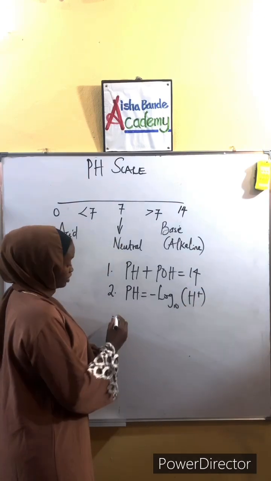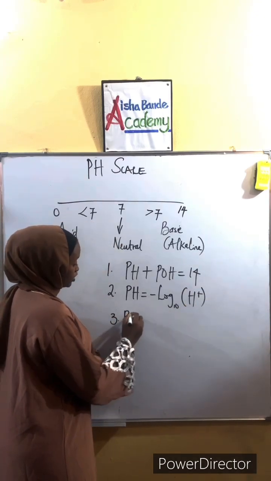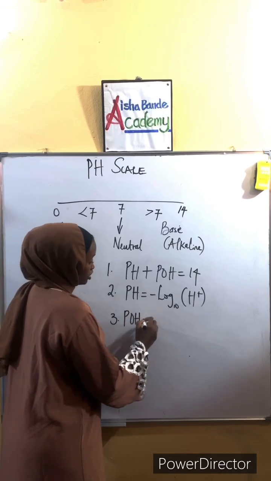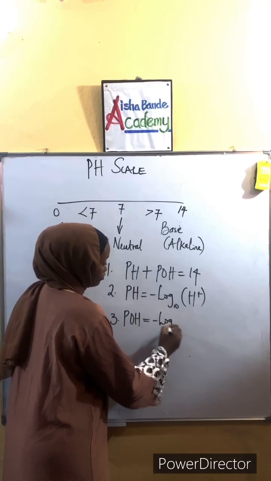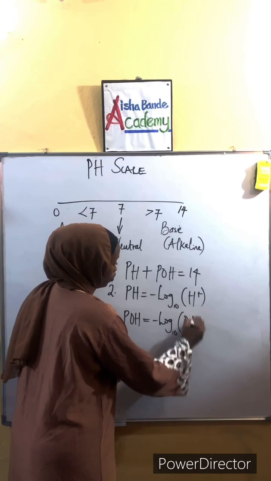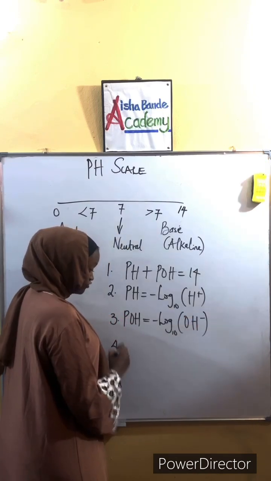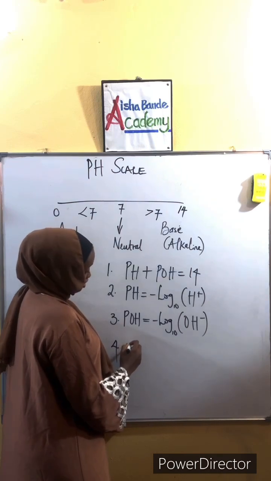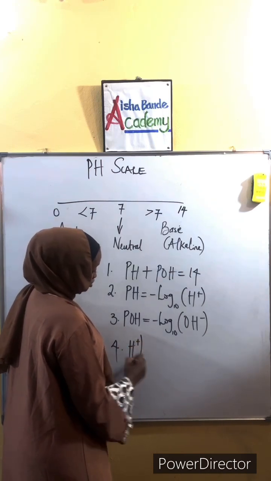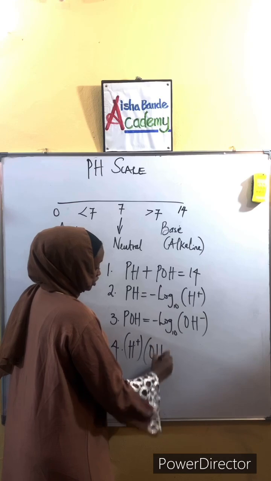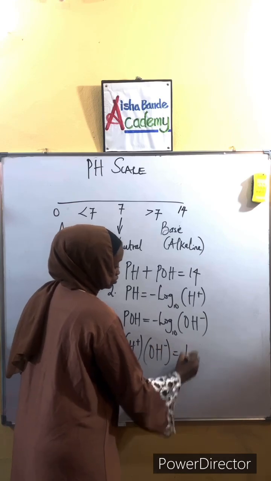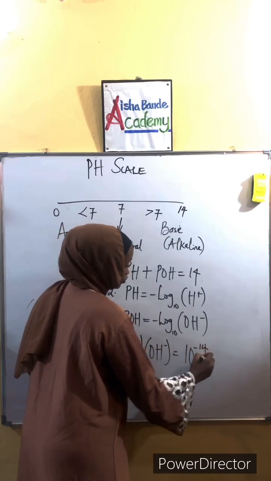The third formula is pOH is equal to the negative log base 10 of OH minus. And the fourth formula is H plus multiplied by OH minus is equal to 10 raised to the power of minus 14.